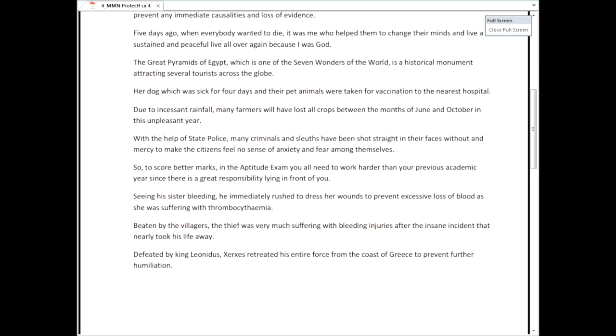Seeing his sister bleeding, he immediately rushed to dress her wounds to prevent excessive loss of blood as she was suffering with thrombocythemia. Now you do it.